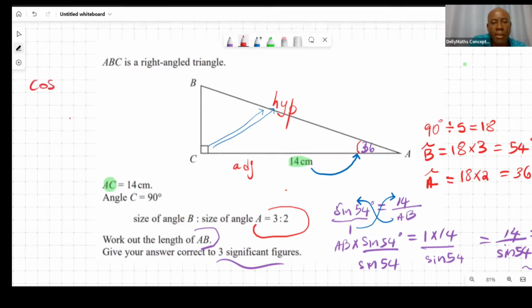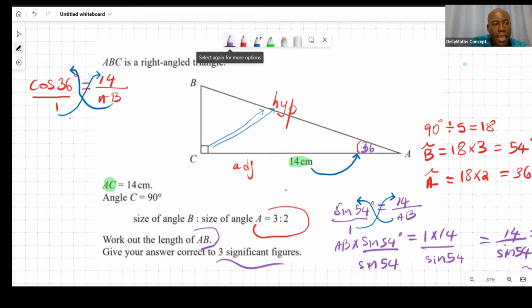So the cosine of 36 degrees will equal the adjacent side, which is 14, over the hypotenuse, which is AB. Let us employ a quick cross multiplication here. AB times the cos of 36 degrees is equal to 1 times 14.